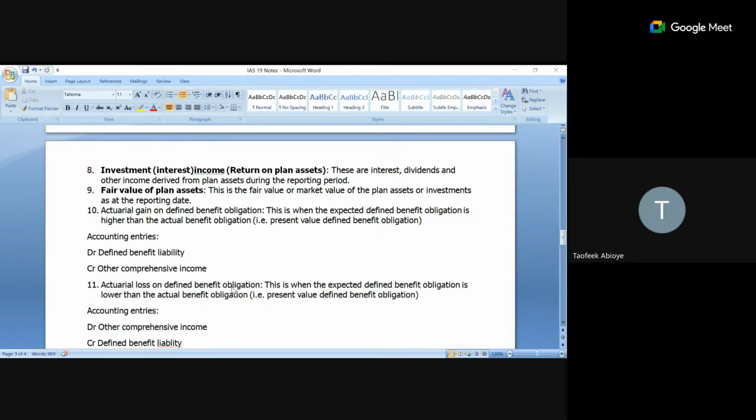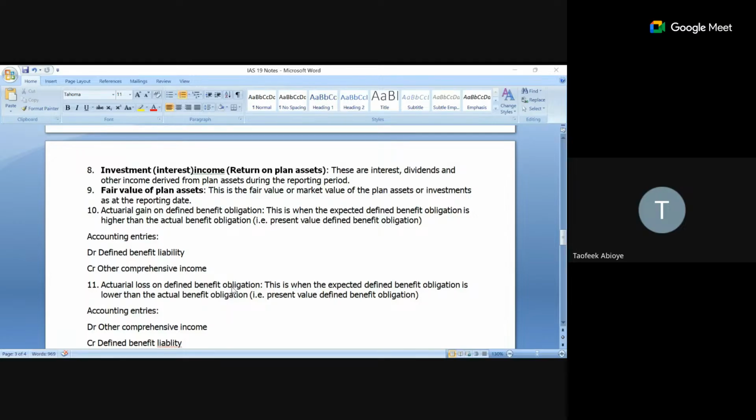So we have actuarial gain, then we have actuarial loss. Actuarial loss on defined benefit obligation is when your defined benefit obligation is lower than expected. Don't worry, we will solve questions so that you will see what it is.